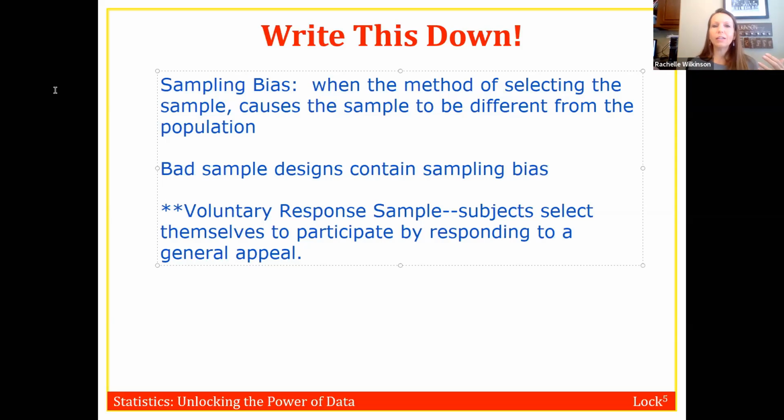So essentially, data that comes from a voluntary response sample, you can say that's interesting, but it's useless as far as generalizing to the whole population and drawing conclusions about the whole population. So there's nothing that you can generalize from a voluntary response sample.